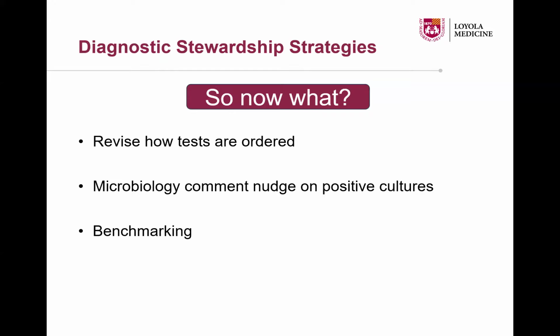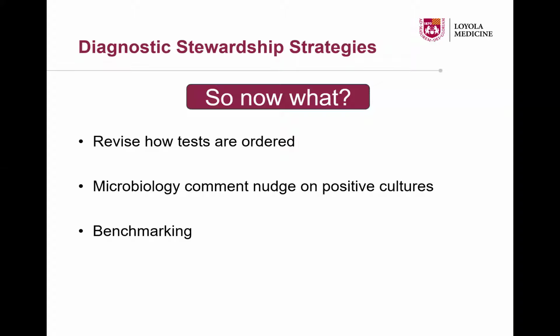So thinking about things like computerized provider order entry and how we can optimize or guide providers to order antibiotics correctly or more in line with our institutional guidelines. We can use microbiology nudge comments on positive cultures.